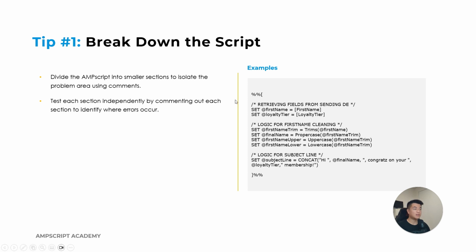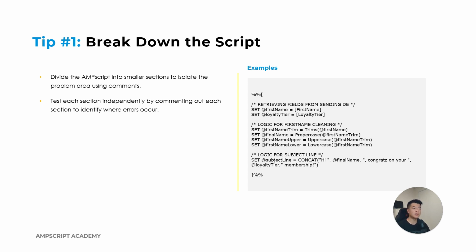So I'll show you what I mean. Say, for example, anything in this comment tag, right? /* retrieving fields from the sending D */ Everything in between that comment tag won't render in the actual email, right? Because it's seen as a comment. So you can use this technique to wrap certain functions in a comment so that it doesn't render, so that you can test whether, when you preview and test your email, it actually renders and works. Because if it does, that means there's something wrong with the specific script that you just commented out.